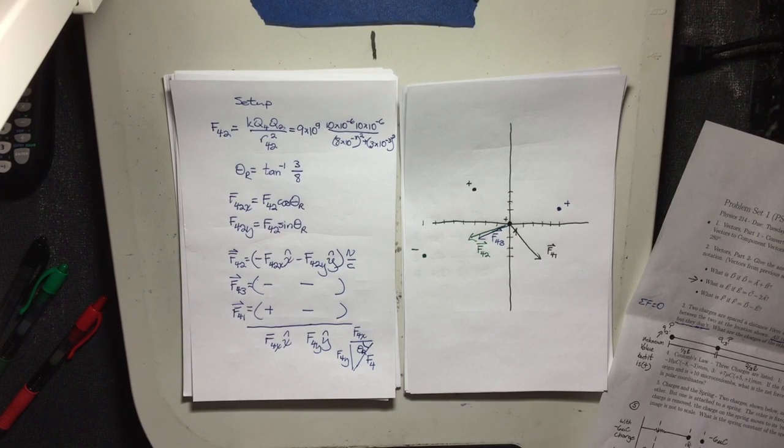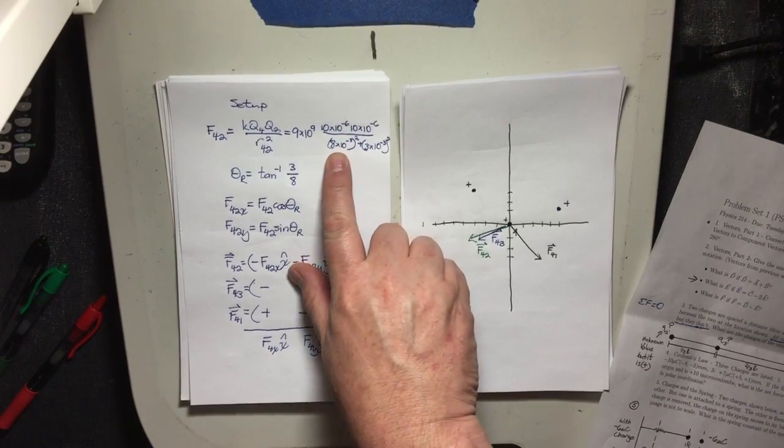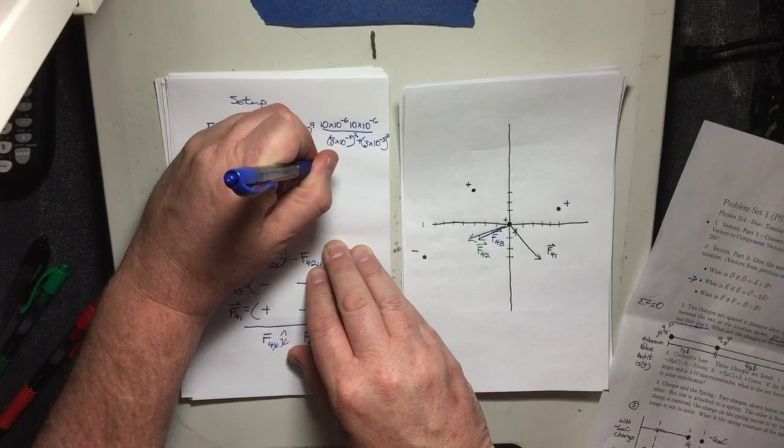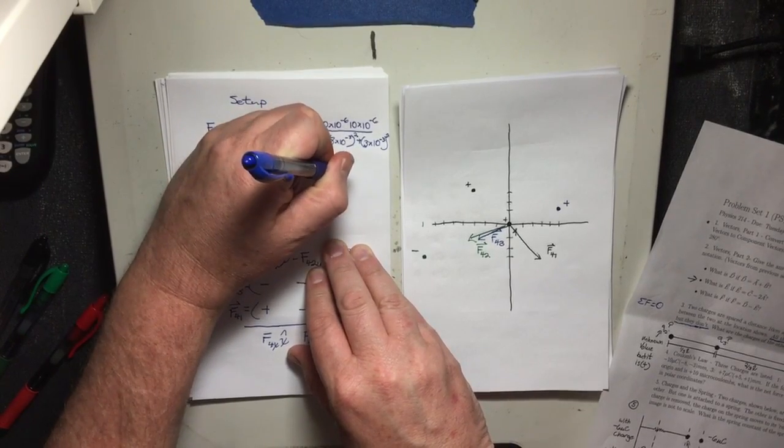Question, yes? I think I was copying something else, but where did you get the 8 plus 3 times 10 to the negative third squared? Minus the r squared. This is the delta. Now really what r squared is in this case is delta.